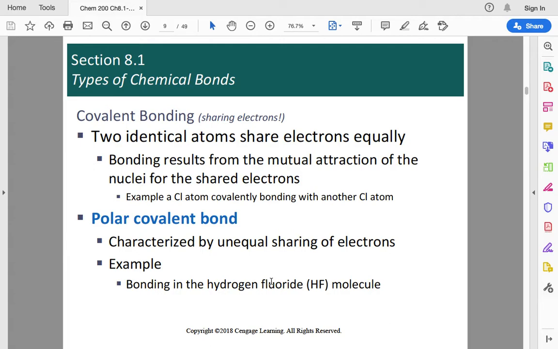What ends up happening is, oftentimes there will be an atom in a covalent bond that holds the electrons more tightly towards it than the other atom, which means we would have electron density on one end of our bond and an electron deficiency on the other end. We're going to look at an example of this with hydrogen fluoride, HF.